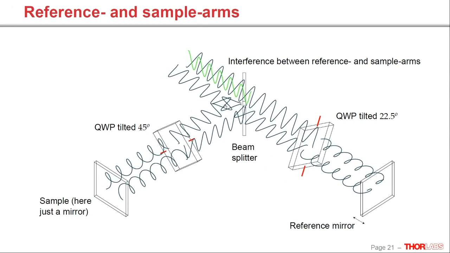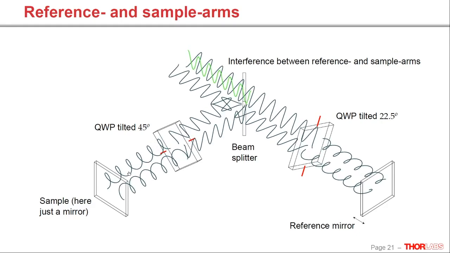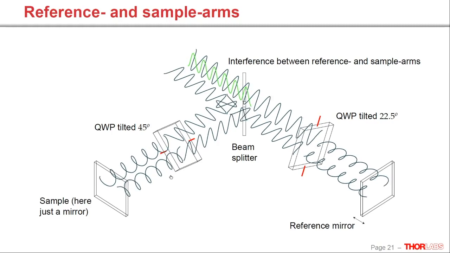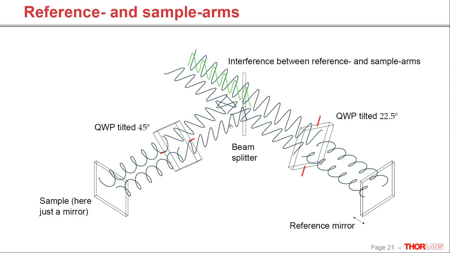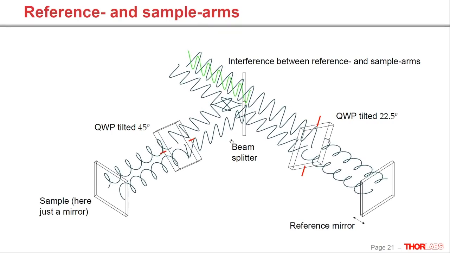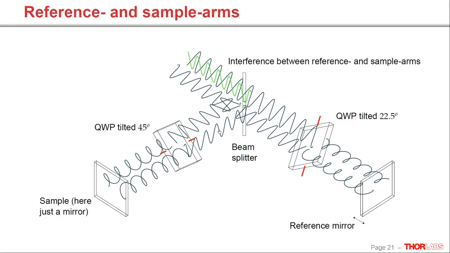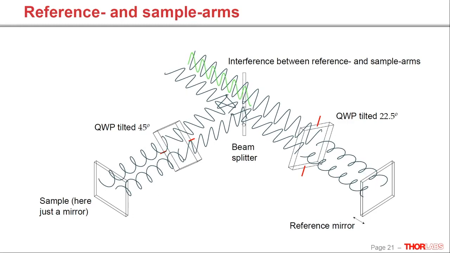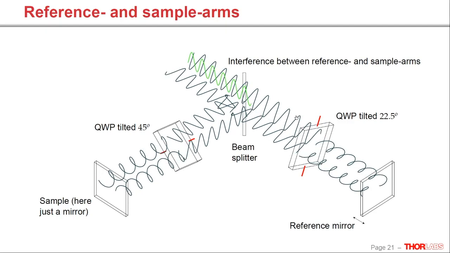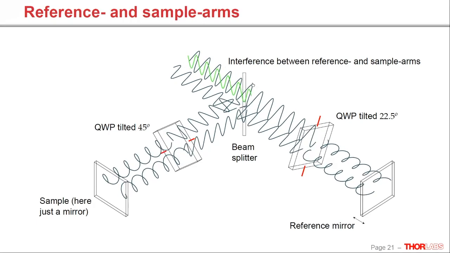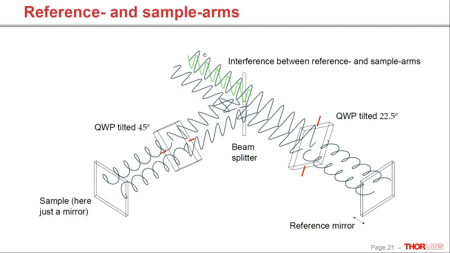In this case, the parallel incident polarization will be transformed into circular polarized light, will be reflected as circular polarized light in the opposite direction, and again through the same quarter plate, and will emerge back out as perpendicular polarization. Then both this perpendicular polarization from the sample arm and the 45 degrees tilted polarization from the reference arm will combine together at the beam splitter and build an interference pattern.